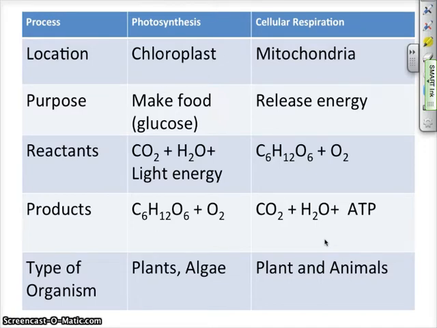Sometimes we think about this like exchanging money from one currency into another. When you go to another country, maybe you exchange US dollars for euros or pesos. And it still means the same thing. It's a form of money, and it can be used to purchase things, but it's a different form. So light energy or glucose or ATP, they're all different forms of energy.